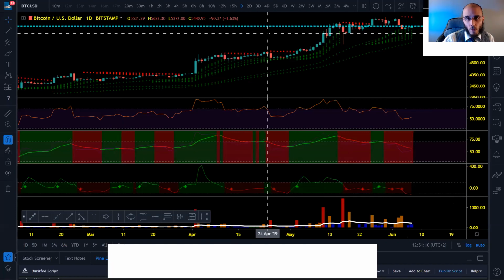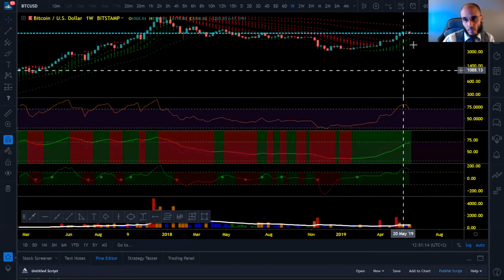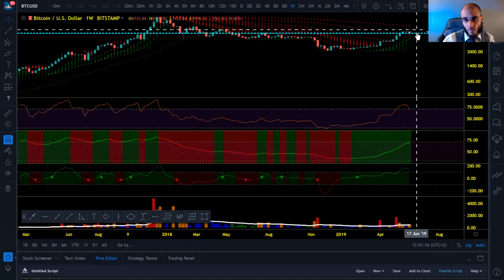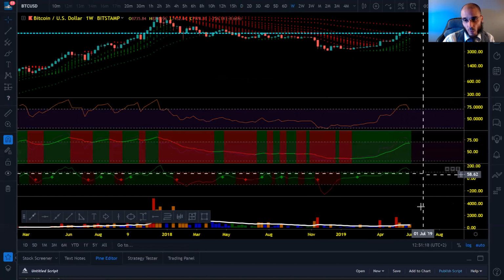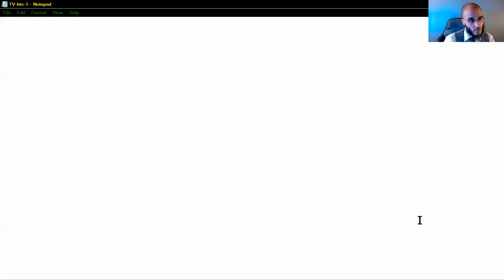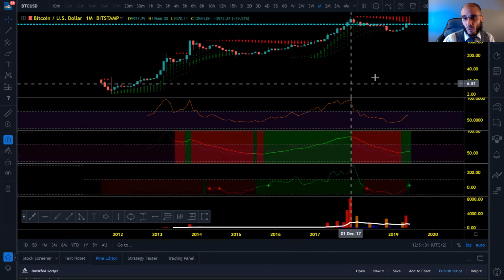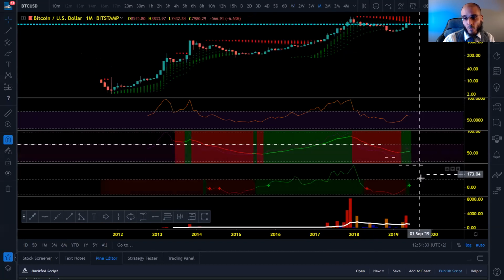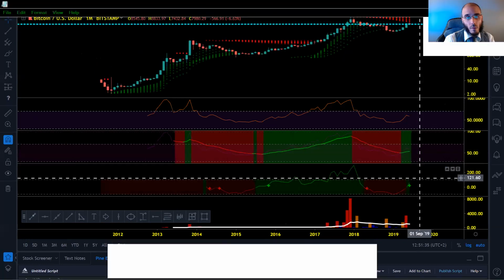Now let's go to the 1-week chart. We are positive, positive, positive, and high. And the 1-month chart: everything is positive, but no, the first one is negative.